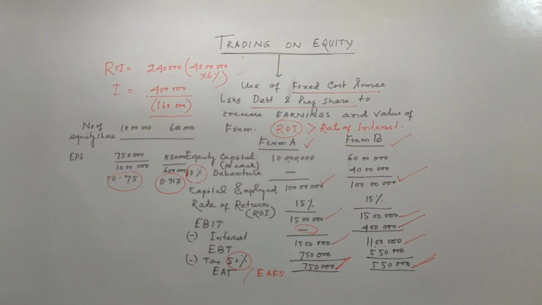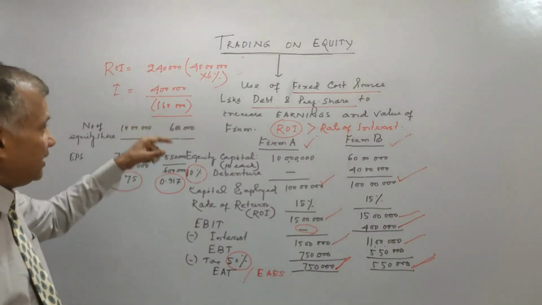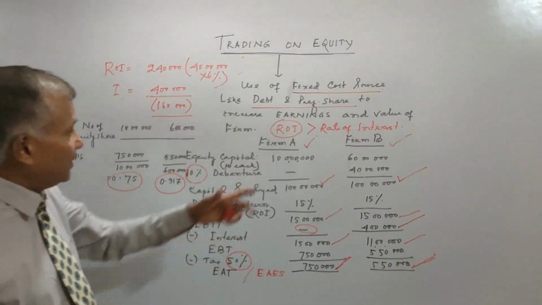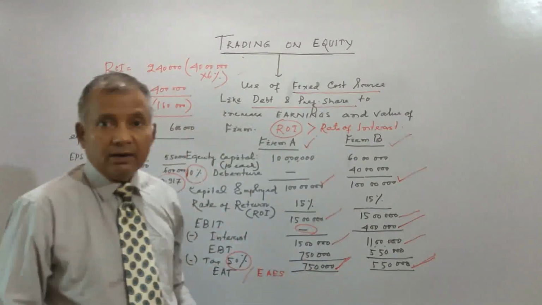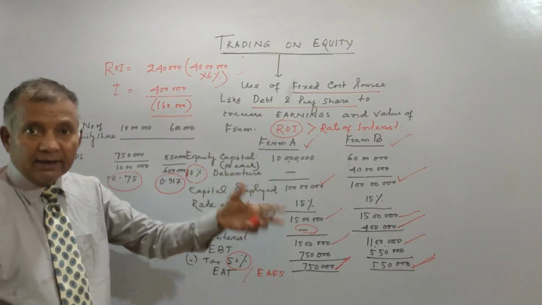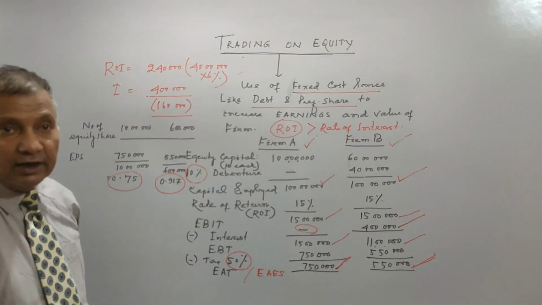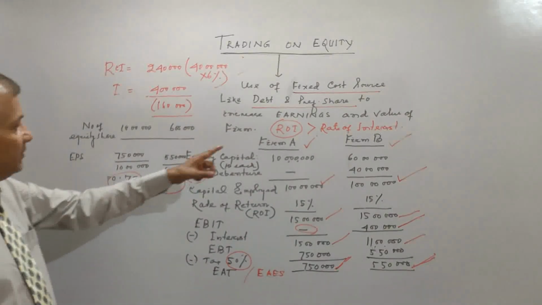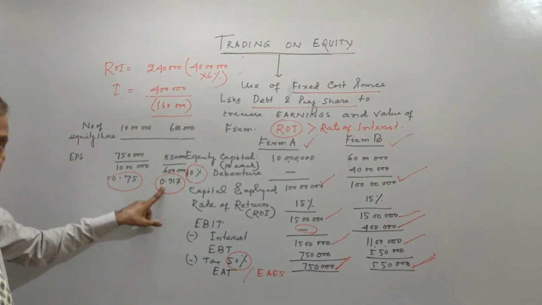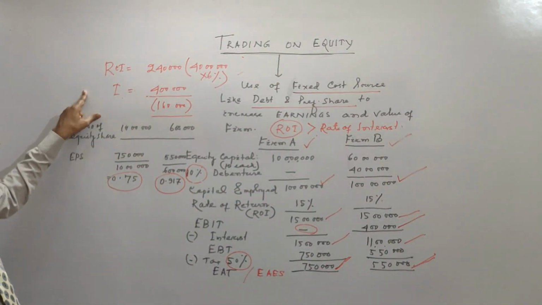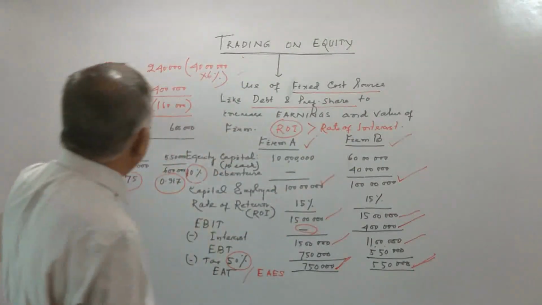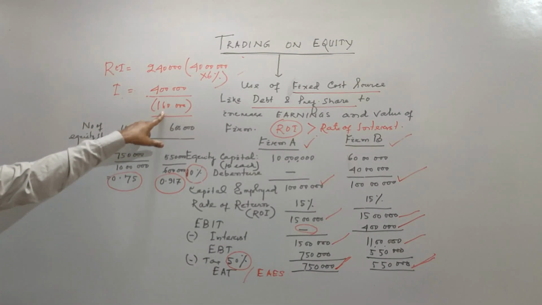In this case, the EPS will decrease. The EPS of firm B, the levered firm, will decrease, and firm A's EPS will be higher. So if return on investment is greater than rate of interest, EPS will increase. If return on investment is less than rate of interest, EPS will decrease because this results in a loss.